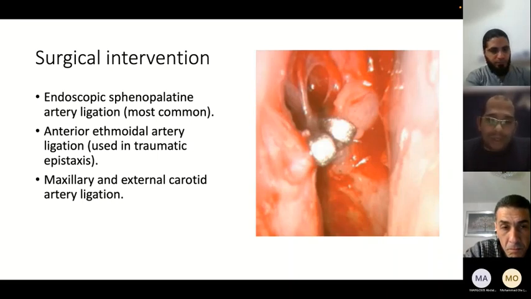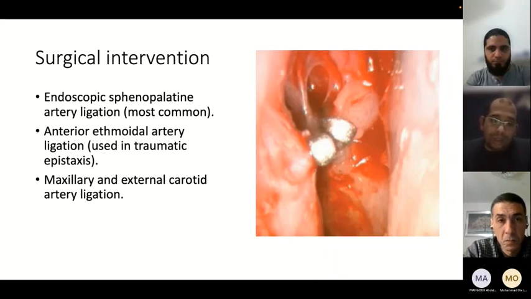Even though some patients, very rarely, still bleed after these interventions, so we may do maxillary artery ligation endoscopically or through a Caldwell-Luc approach, or even external carotid artery ligation to control the bleeding. But these are very rare.